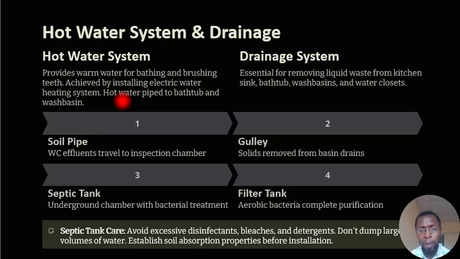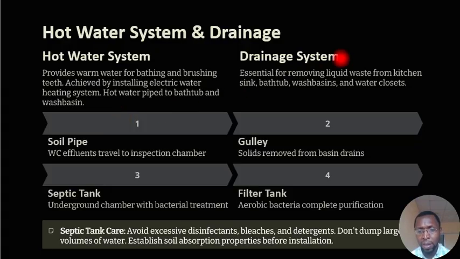And usually it is achieved by installing an electric water heating system in the bathroom, with hot water piped to the bathtub and then the wash basin. So you don't have to begin to fetch water from the kitchen. Everything is already automatic. The water heating system is connected in the bathroom. All you need to do is just turn on the switch, you get the water warmed up, and then it is sent into your bath, which is where you have your bath.